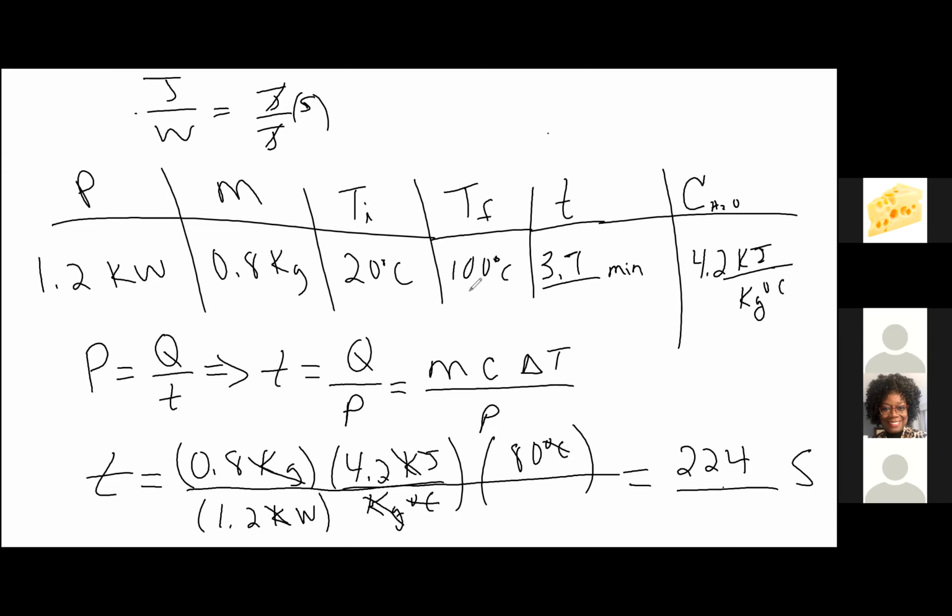If you have a substance that's not water, you can simply go on the internet and look up the specific heat capacity for whatever it is. Say it's lead. If you don't have your textbook, you may not have that number there. Whatever substance it is, you can just Google it and that number will be close enough to what the author has used. Okay, with that being said, then we will end here.